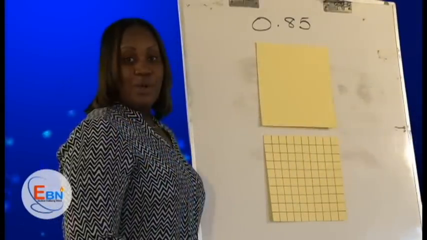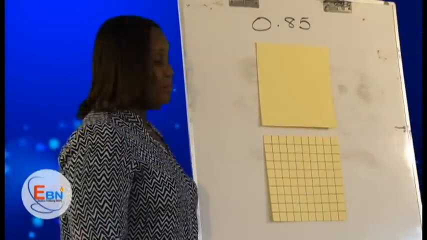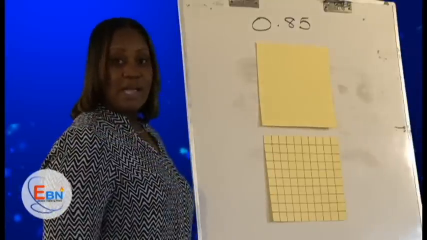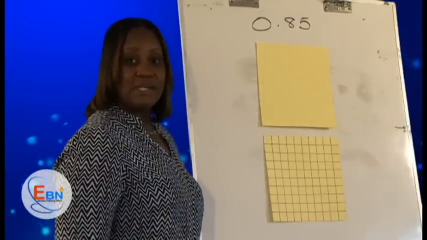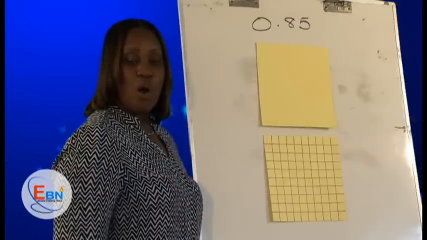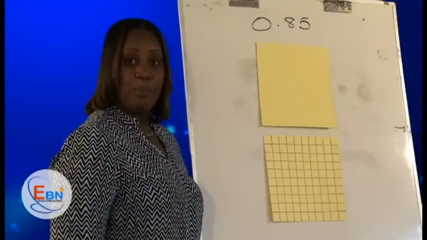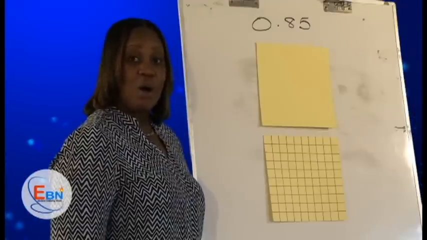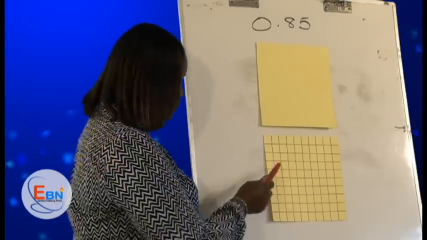What we would do, we would start with the whole, and in order to express a number as a percentage, it means that the whole is divided into 100 equal parts. As the word suggests, percentage means out of 100.